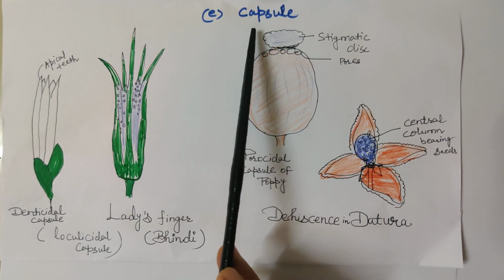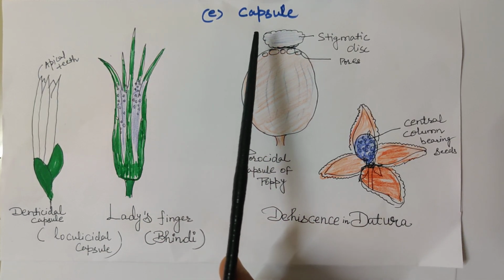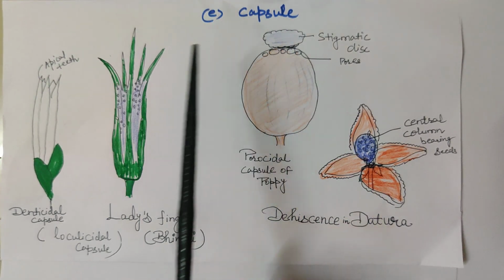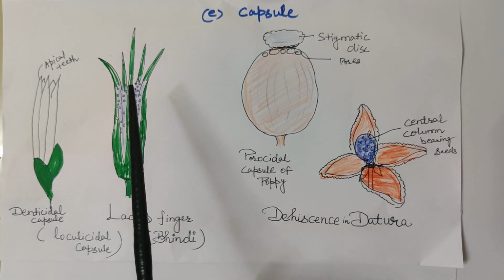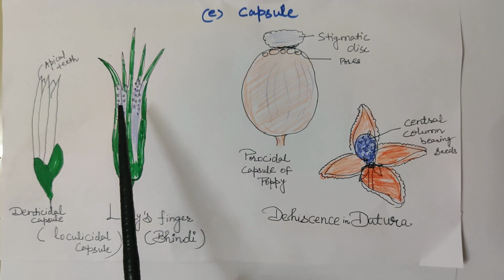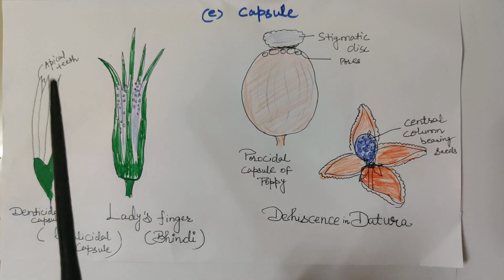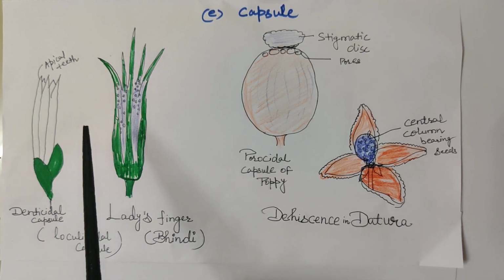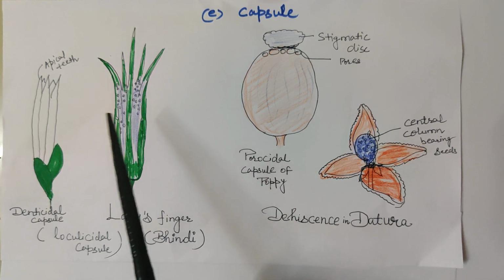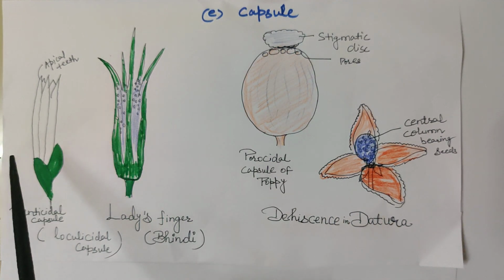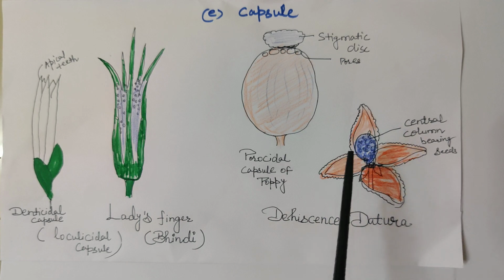Depending upon the mode of dehiscence, it is of several kinds, that is, how the seeds are released from the fruit, how they rupture, how the splitting happens, and in which manner seed dispersal happens. We divide the capsule again into different types.